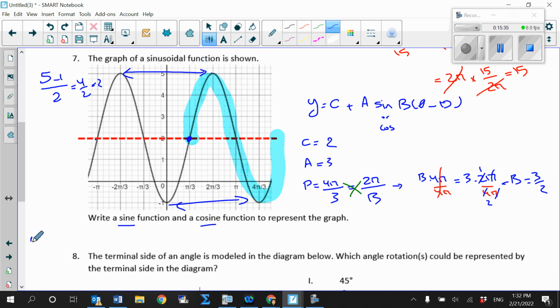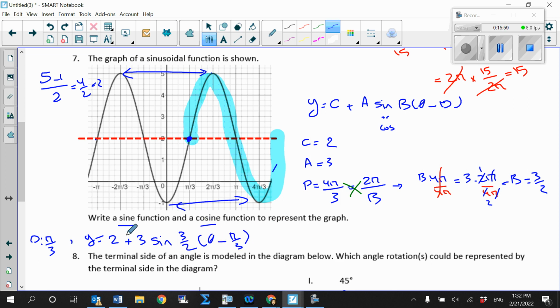That means the d value is pi over 3. So the function will be y equals c, which is 2, plus a, amplitude 3, then sine, because I decided to write a sine function, b is 3 over 2, we found it from here, and theta minus the d value, pi over 3.